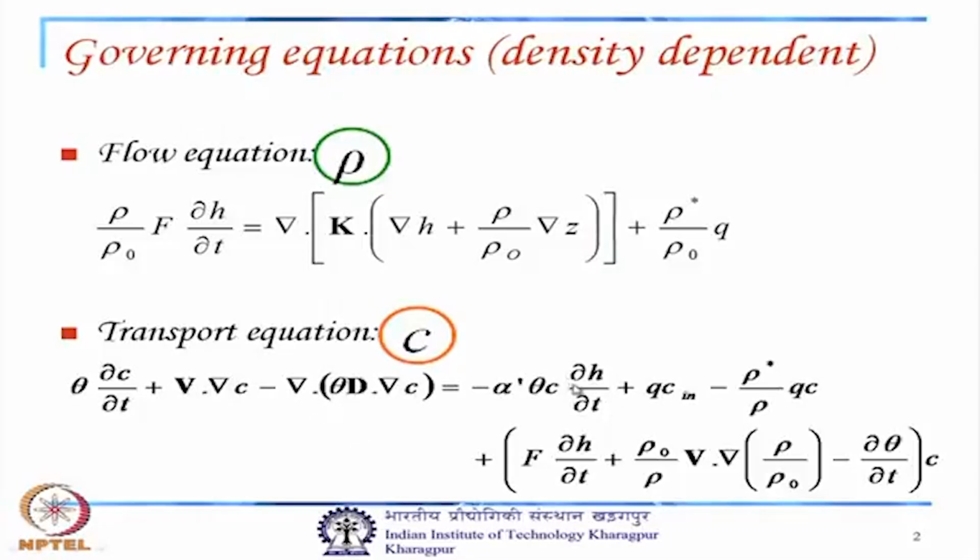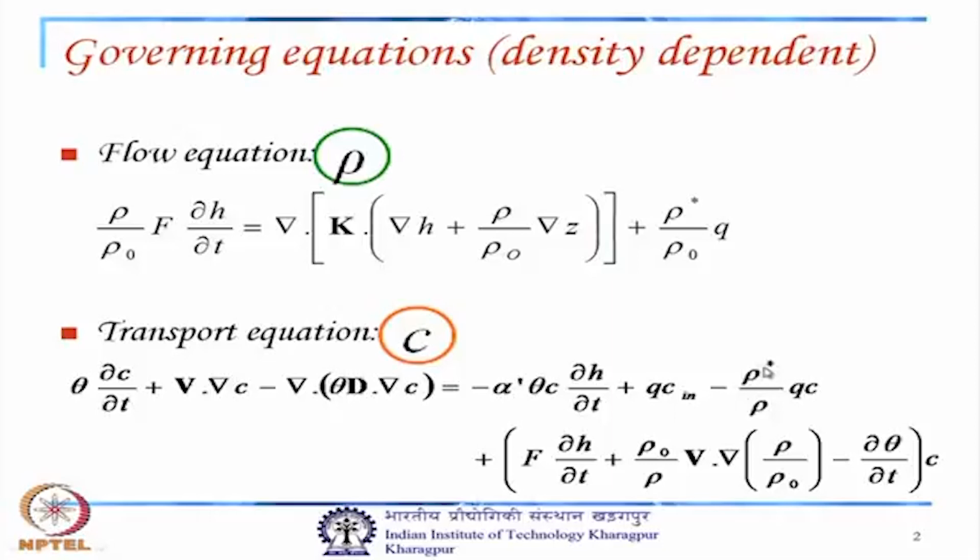Alpha prime is the modified compressibility term, theta is again moisture content, concentration, this is total head, Q is the discharge rate for source and sink, and C in is the concentration of incoming or outgoing, that means injection or extraction rate.